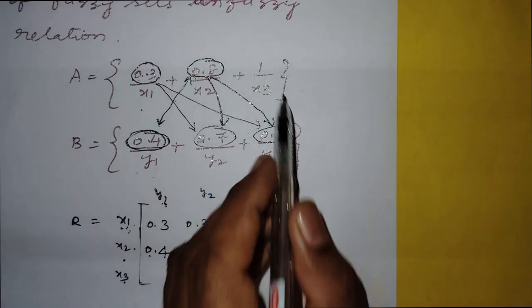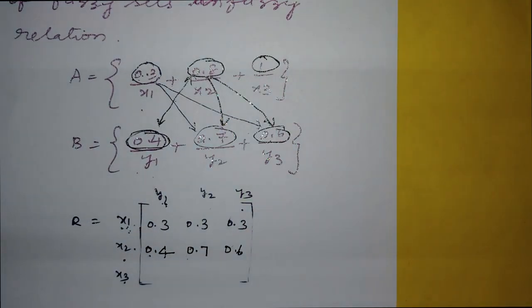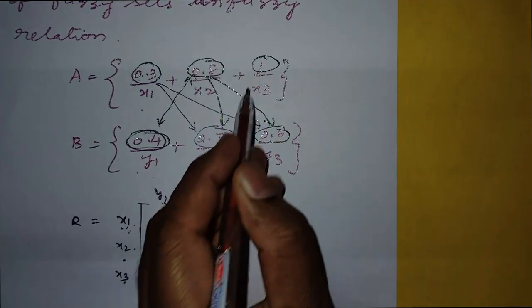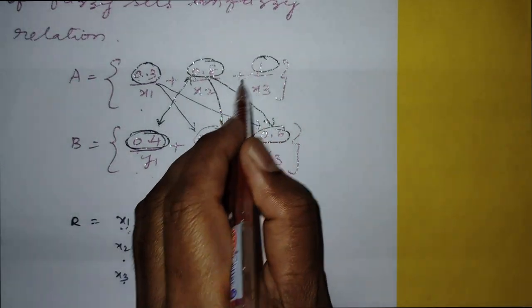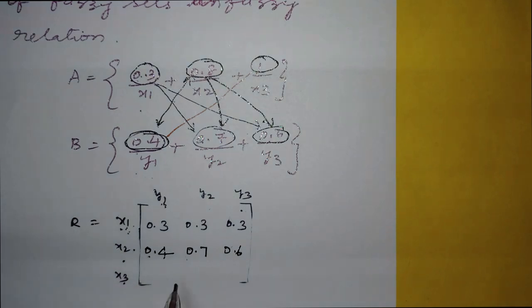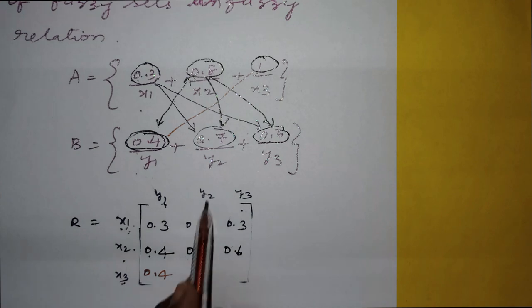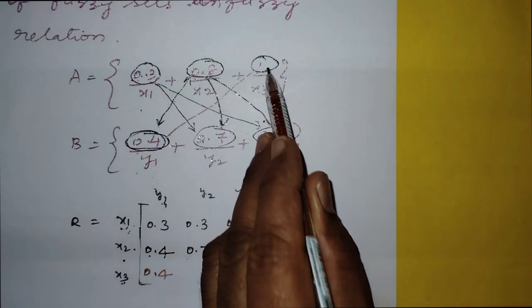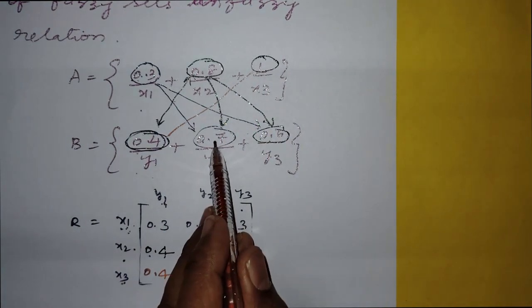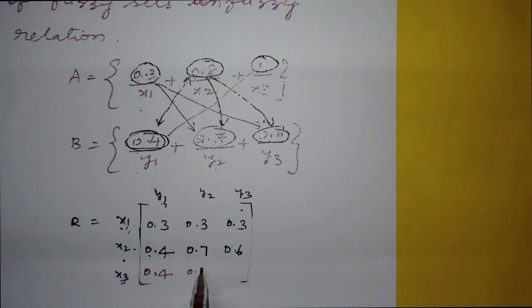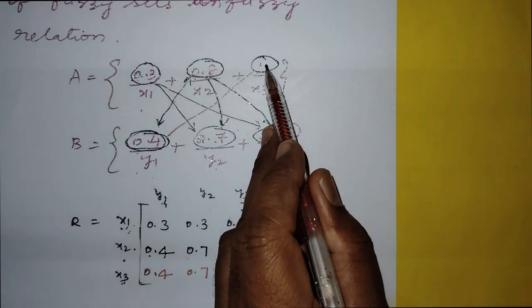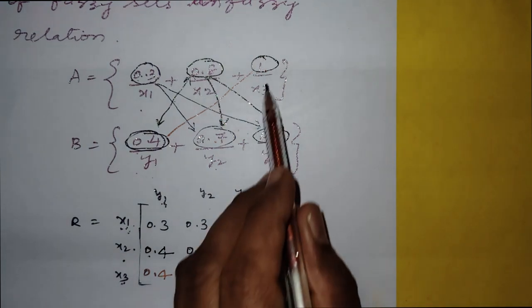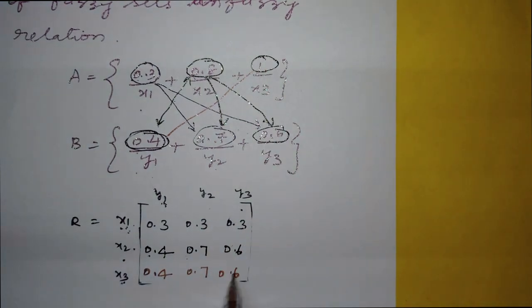You have to compare x3, which is 1, with y1, which is 0.4. The minimum of these two is 0.4. Next, x3 with y2: the x3 mu value is 1 and the y2 mu value is 0.7, so 0.7 is the minimum. With y3: the x3 mu value is 1 and the y3 mu value is 0.6, so the minimum is 0.6.